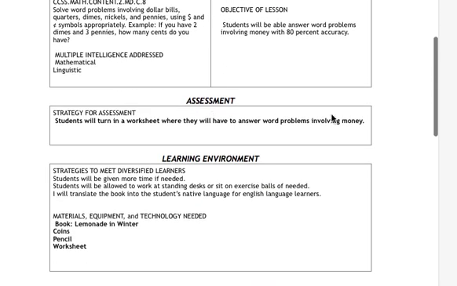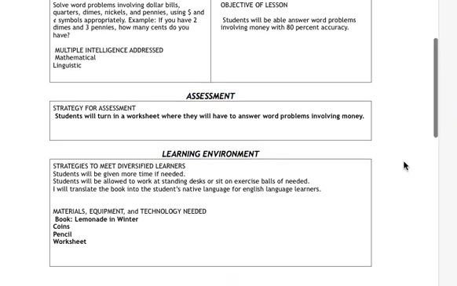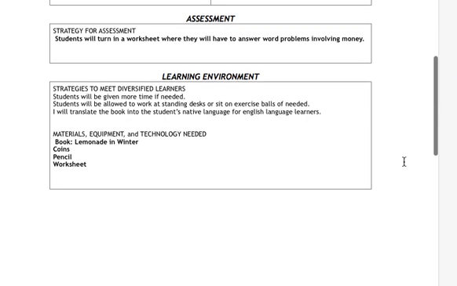The assessment that I would use for this would be a worksheet that students would turn in, which is full of word problems that involve money. For any diversified learners, I would give them extra time if needed, both in class and at home.